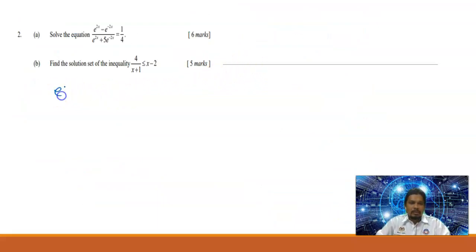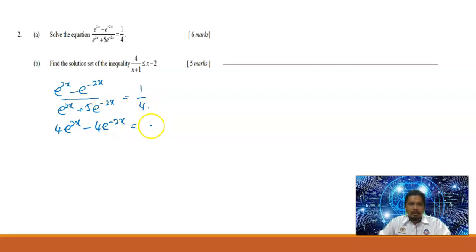Okay, next one. Now we have e power of 2x minus e power of negative 2x divided by e power of 2x plus 5 e power of negative 2x equal to 1 over 4. This is an equation, so let's use cross multiplication. We come up with 4 e power of 2x minus 4 e power of negative 2x equal to 1 e power of 2x plus 5 e power of negative 2x.